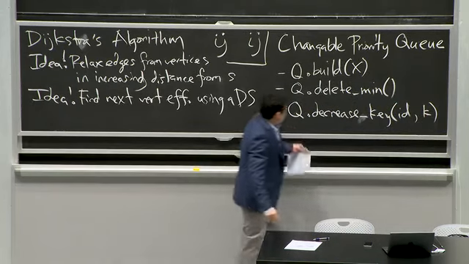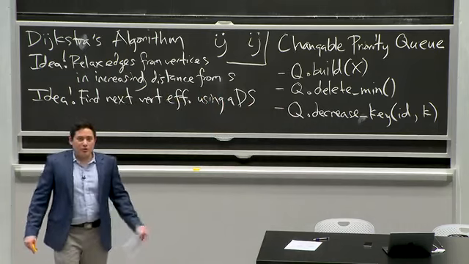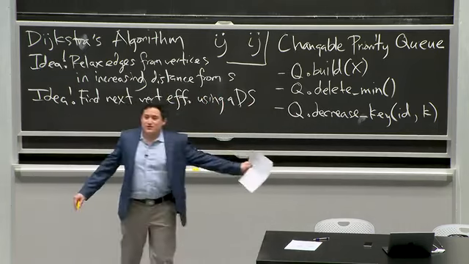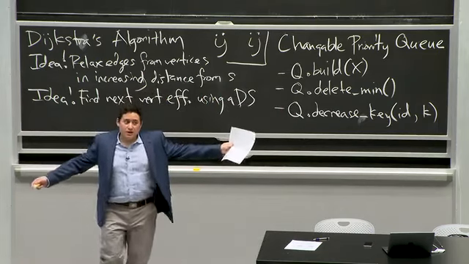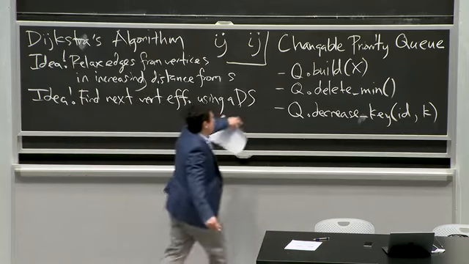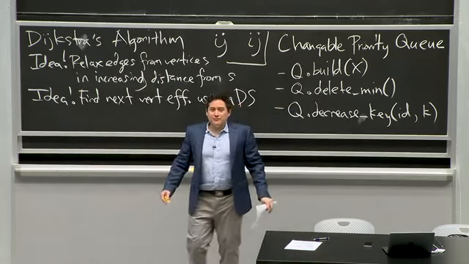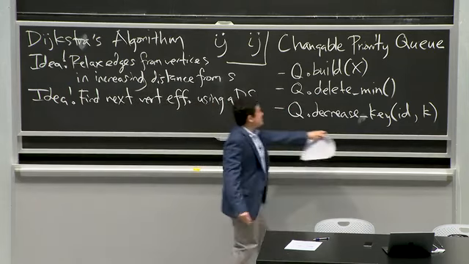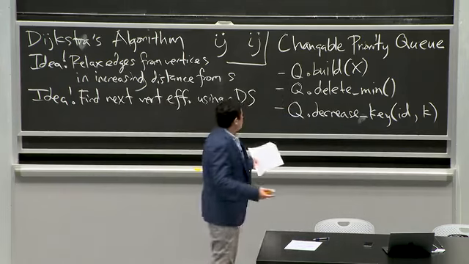Okay, so this is a little strange. What the heck is this ID? All right, with the changeable priority queue, each of our items has 2 values instead of 1 value. It has a key, on which the priority queue is deleting the min item with the minimum key. But each item also has an ID associated with it, a unique integer, okay?